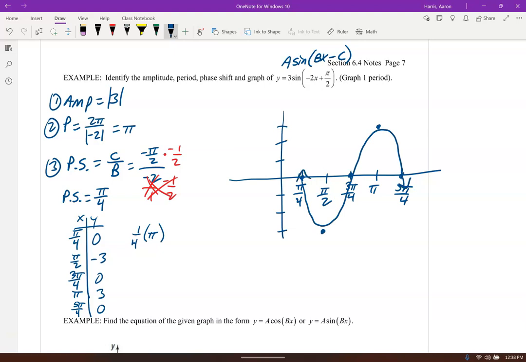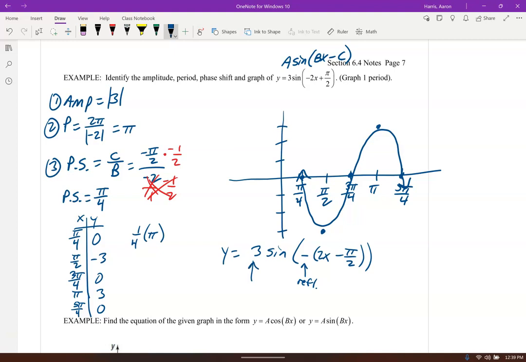You can kind of see that. And I also want to point out another way to write this. If I took a negative out, I would have 2x minus pi halves. Okay, so this is saying that's a reflection about the y-axis, and then I'm moving it right pi fourths from there, with a vertical stretch.